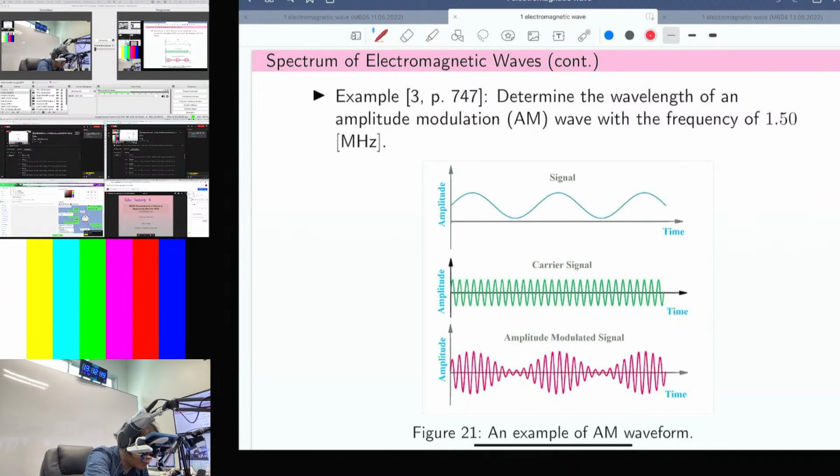We have c equal to lambda f, right? Lambda is the wavelength, f is the frequency in hertz, and c is the speed of light.